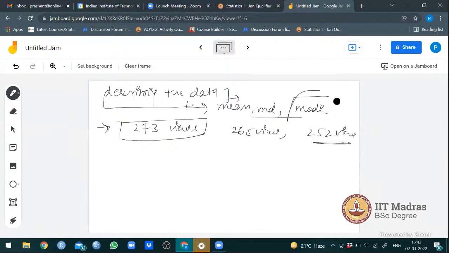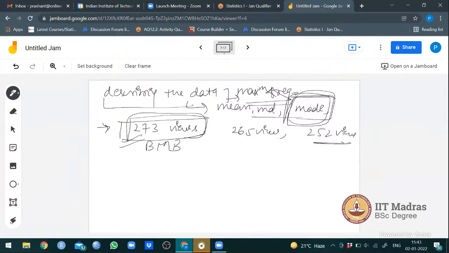And what is mode? Have you heard about the mode? Yes, sir. Mode is something which has maximum frequency. Suppose the maximum number of people give points for Bhag Milkha Bhag, then it will be descriptive because you are summarizing, you are describing the data.